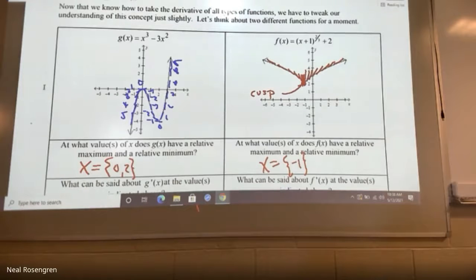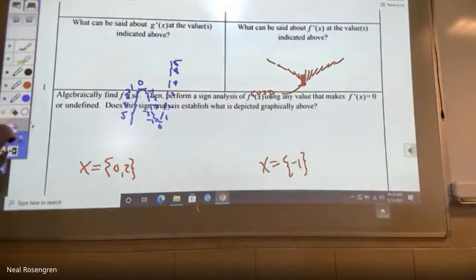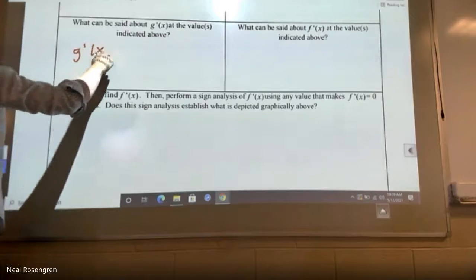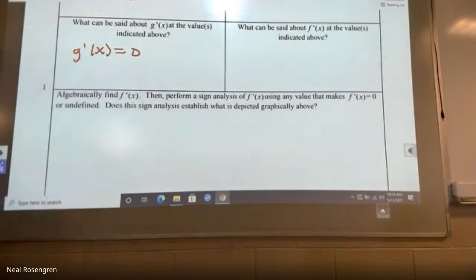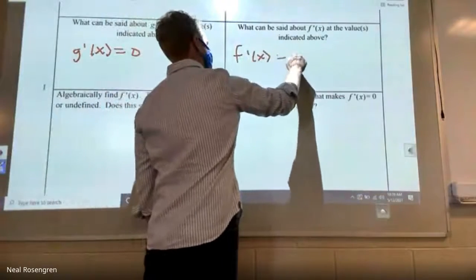And that's okay. We can still be confident in the work we've done to say g prime of x is going to be equal to 0 at all of those spots for g of x where we're going to find the min and the max. Why? Because the limit of the derivative from the left and from the right is the same. But big difference over here: this is going to be undefined.